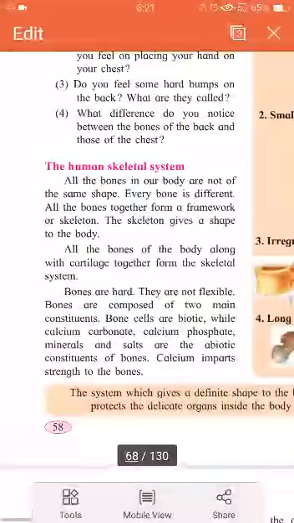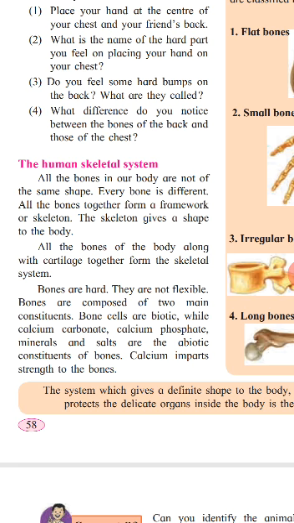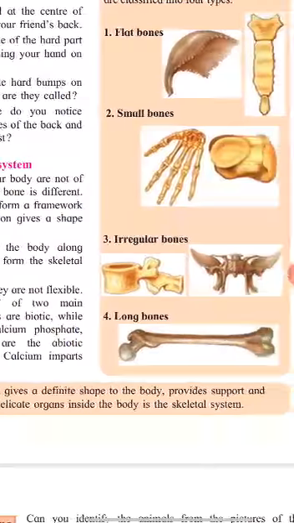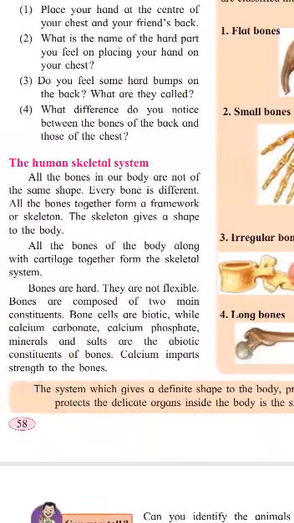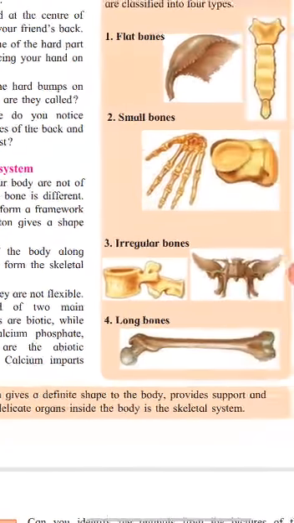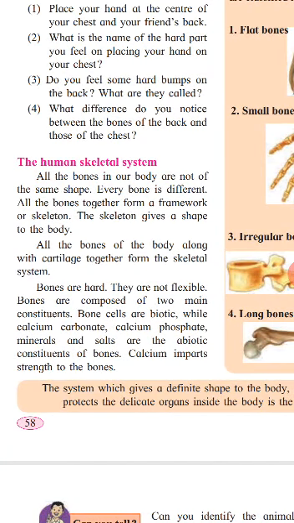Now we're going to learn about the human skeletal system. All the bones in our body are not of the same shape. You can see, right? Every bone is different. All the bones together form a framework, or skeleton.